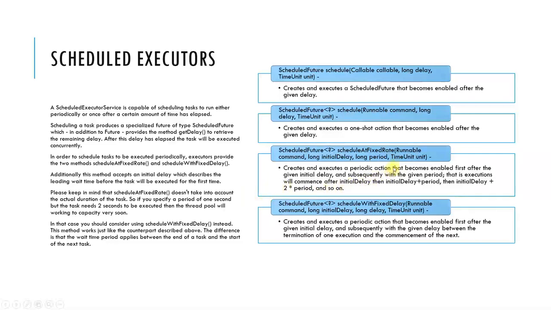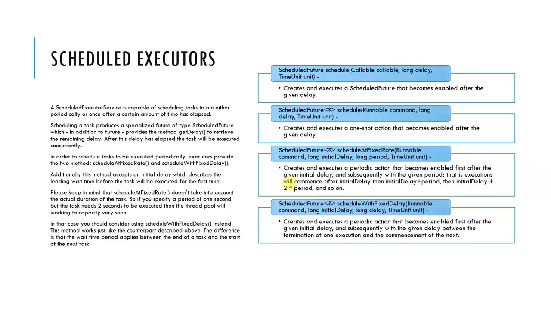In this case, when you use the scheduleAtFixedRate method, we need to be more careful using this method with timers, because it will not take into account the actual duration of the tasks.